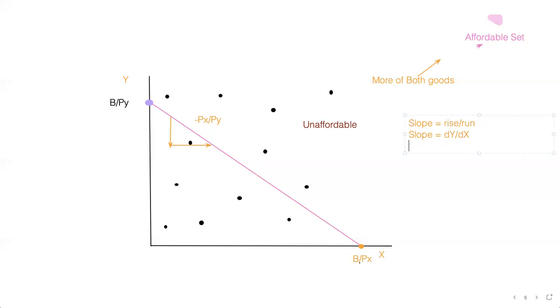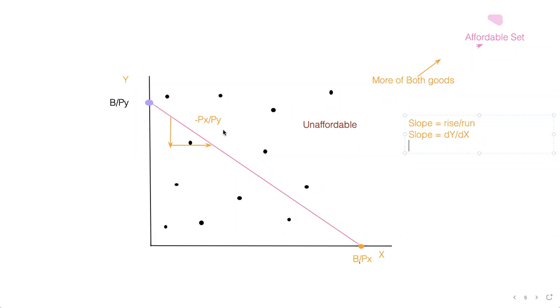In our case, the slope is negative, so it means we're going to go down. As we purchase more x, we are forced to purchase less y. If I start off saying I can purchase 5 hoodies, but now I want to purchase 1 flannel, that means I have to give up purchasing some amount of hoodies.